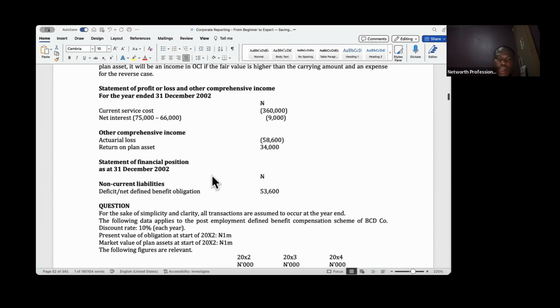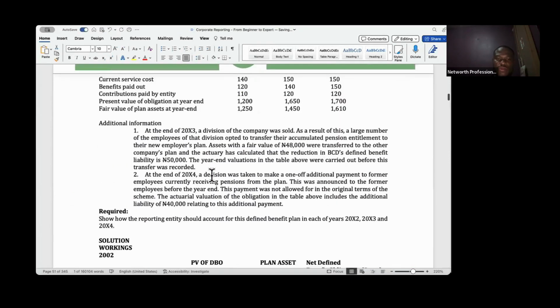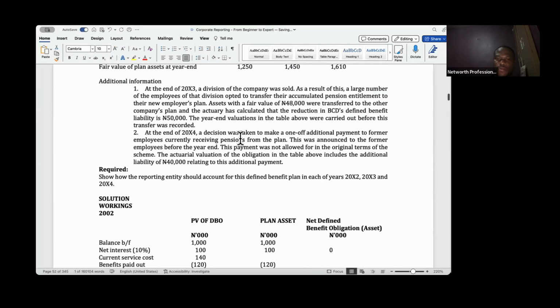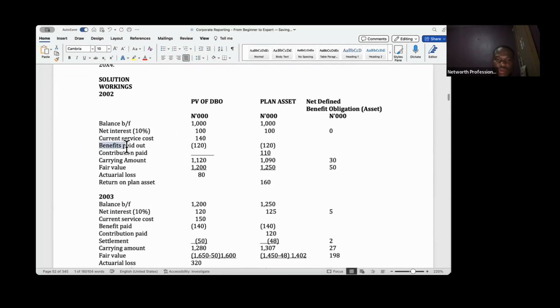Then they gave me my benefit paid out, 120. Don't forget, I'm going to take the benefit from my assets. That's why I'm removing it from my assets. And it's going to erase an equivalent obligation because I won't be owing that portion anymore. So I have to remove it.